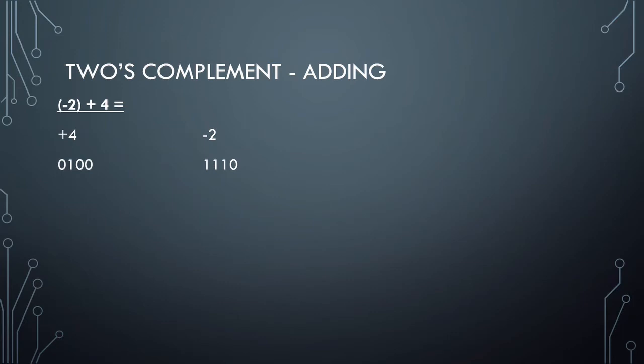So here I have the number +4 plus a -2. So we have our +4 written in binary over here and our -2 written as its 2's complement. And I will go through that real quick. So a -2, and here I'm starting out with signed binary form. So this 1 is representing a negative. So we have -2 written in signed binary.